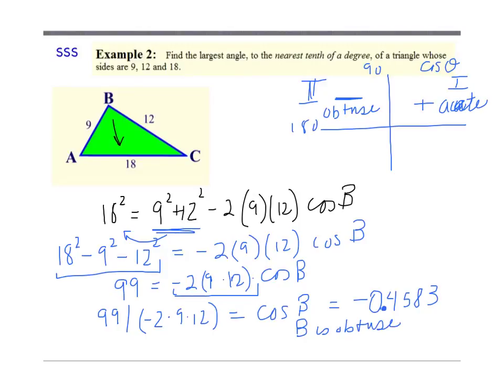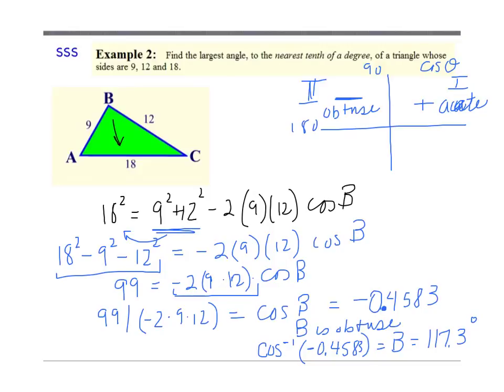So when you do the inverse of this ratio to get the angle, it's going to be 117.3 degrees. Does this make sense? Sure, because cosine is negative, B is going to be obtuse.